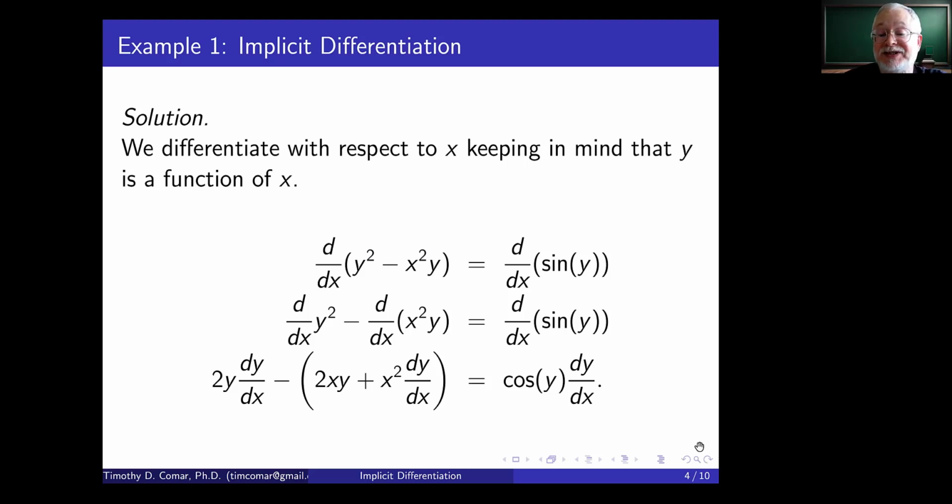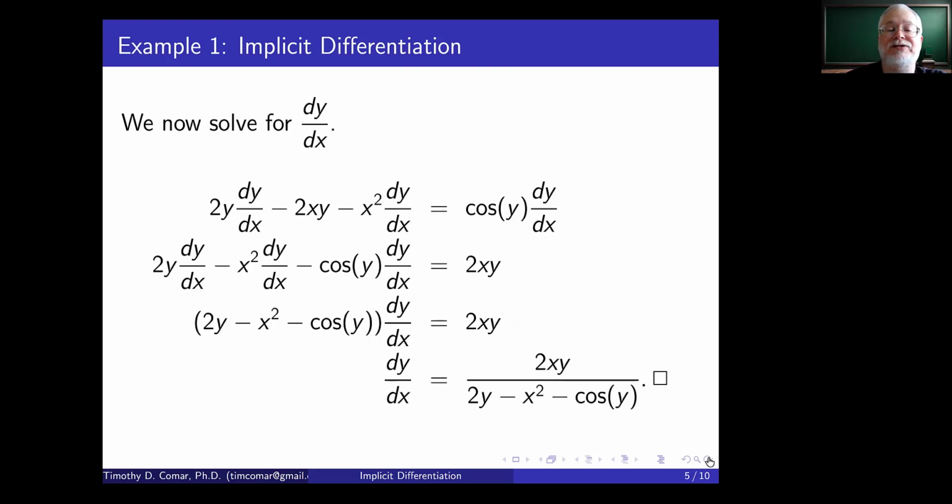Now we need to simply solve for the derivative dy/dx. So what we are going to do, we just expanded over here, distributed that negative sign. And now at this point, we want to get all the terms involving the derivative dy/dx onto the left, all the other terms onto the right, and we've done that right over here.